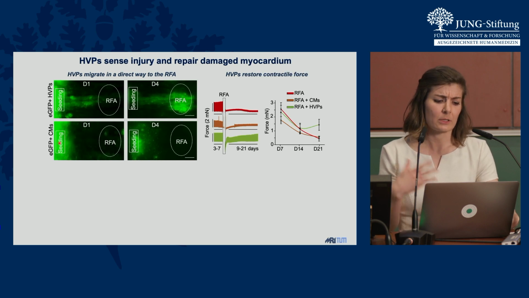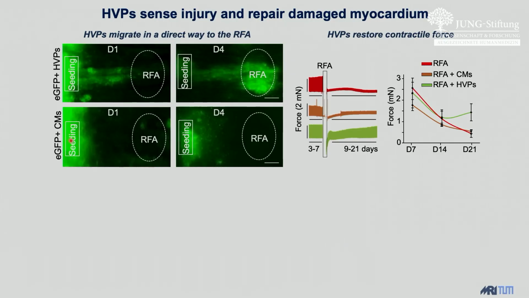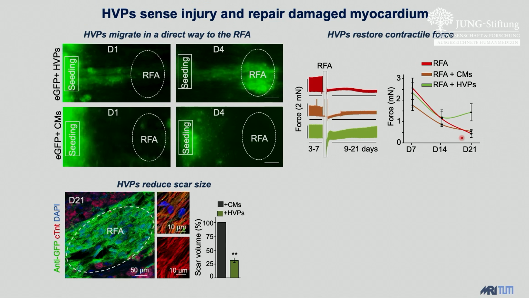Also, the cardiac function with cardiac progenitor cells was quite surprising because we have seen that our HVPs really restored the contractile performance after injury, and this was only present when we used the progenitor cells, but not the cardiomyocytes. They also reduced the scar size.